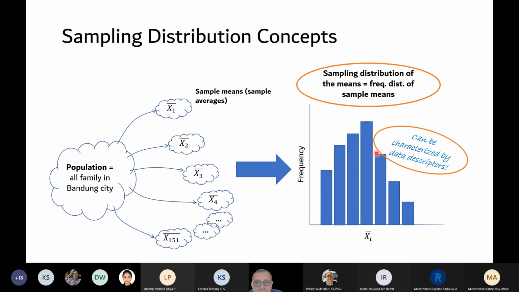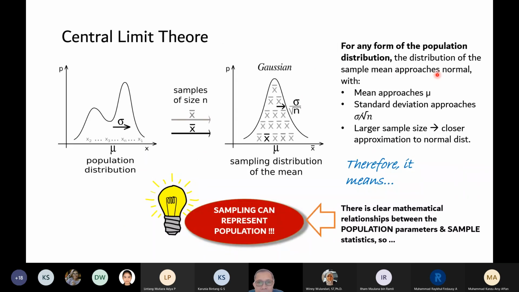And it turns out the mean of the sampling distribution of the means will approach mu. Now remember, mu is the population mean, which in most cases cannot be measured exactly. And the standard deviation of the sampling distribution of the means.